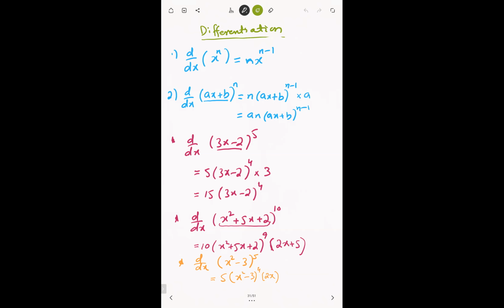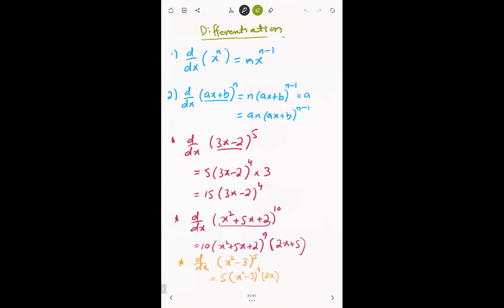Okay, please switch on your cameras, Momin, Munib. So I hope you remember these two rules, right? Further, I told you that if there is a sum or difference in an expression, then you can differentiate each term separately, provided they are being added or subtracted.